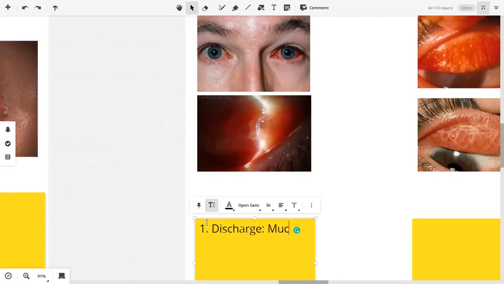It's neither, so it's most probably a mucoid discharge. And in the second picture, the important thing is that there are follicles. Now the follicles, where are they located? Which is this area? This is the lower tarsal conjunctiva, or the lower palpebral conjunctiva.